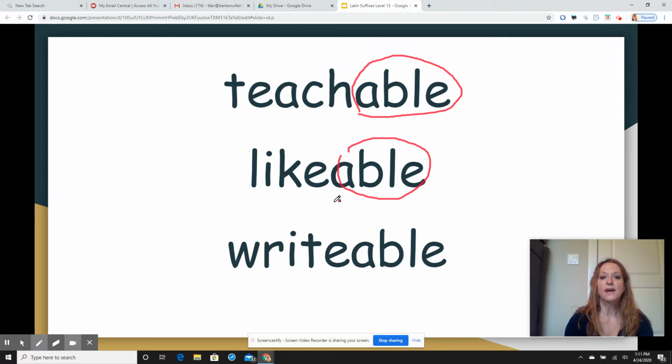Now, after you identify the suffix, you'll be able to see the base word, and it'll make it easier to read. We got teachable, likeable, writeable. All of those have the suffix able. The base words are teach, like, and write. Good job, guys.